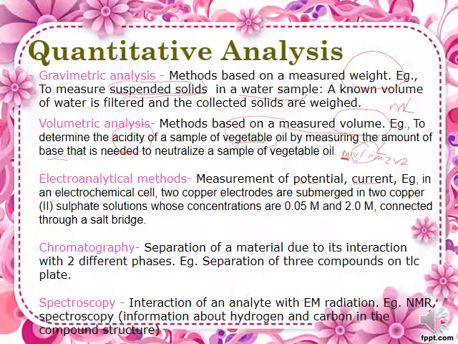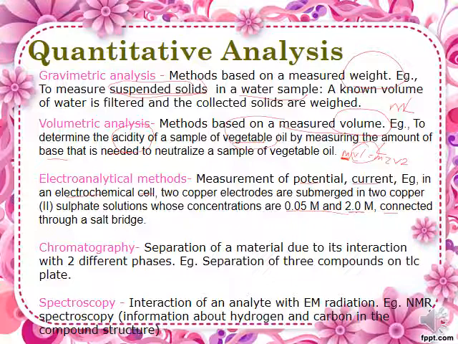An example is an electrochemical cell, where we have two electrodes submerged in two copper sulfate solutions which are different in terms of concentration, and they are connected through a salt bridge. I'm sure you have done this in your secondary school. So we measure the potential or the current that flows through the sample.